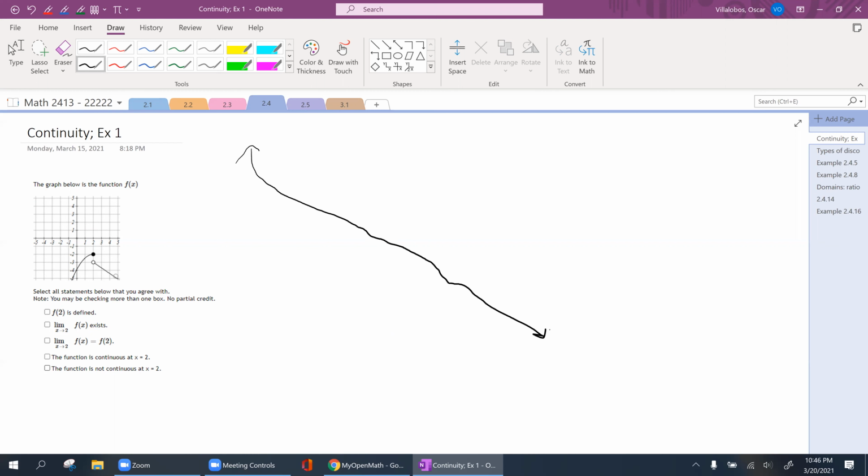Every point must be accounted for. Once you put your pen down and start graphing, you're unable to pick it up. If you were to pick it up and then continue, that is not continuous. There's a pothole in the road. Something's missing. So we're going to expand on that today.